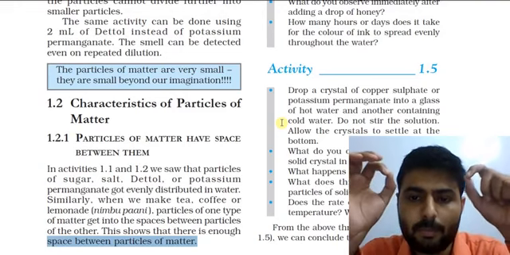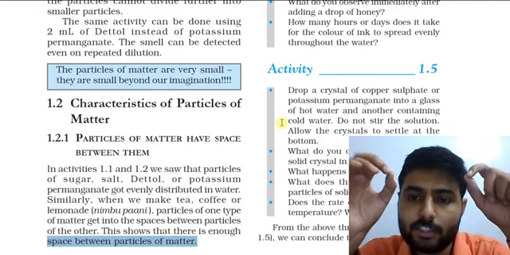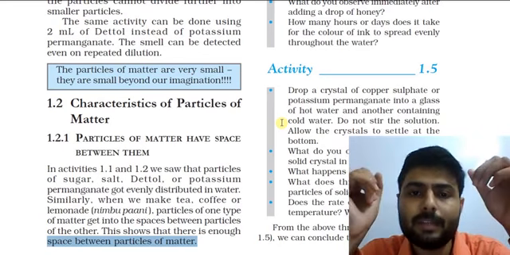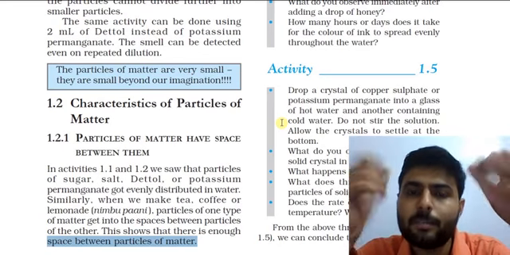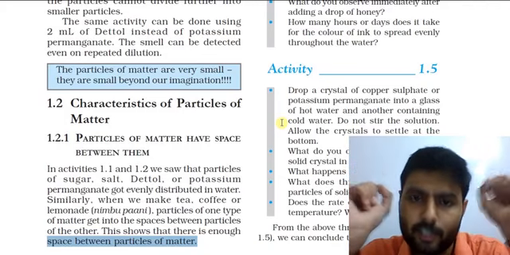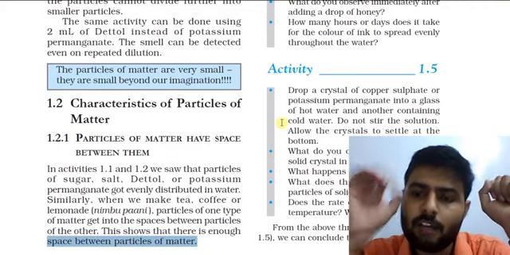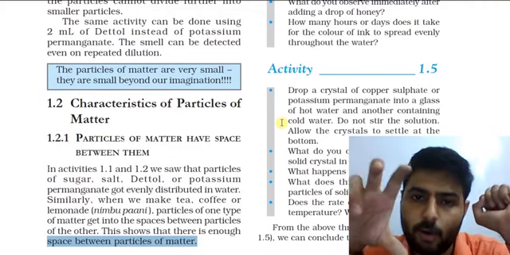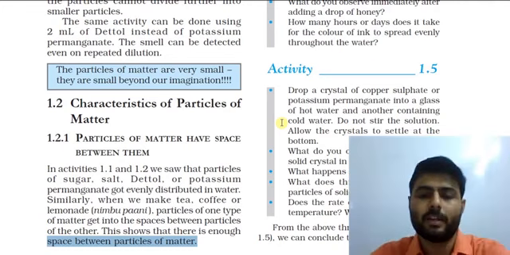We drop the crystals of copper sulfate or potassium permanganate. Why copper sulfate and potassium permanganate? Because they have color, so we can see them spreading in the water. Now we drop the copper sulfate into both glasses, one with hot water and one with cold water.